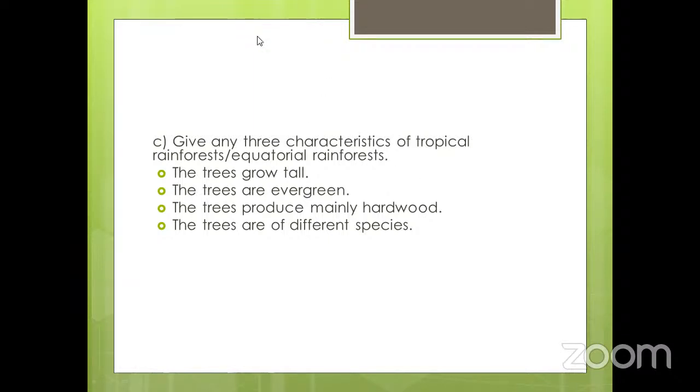Are we together? Yes, Dan. Dan, help us. Oh, Moses. The trees produce mainly hardwood. I beg your pardon, you were breaking a bit.